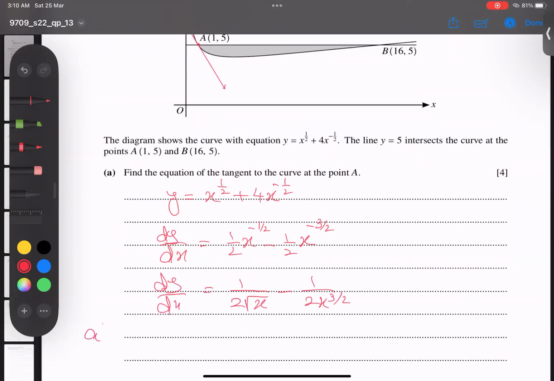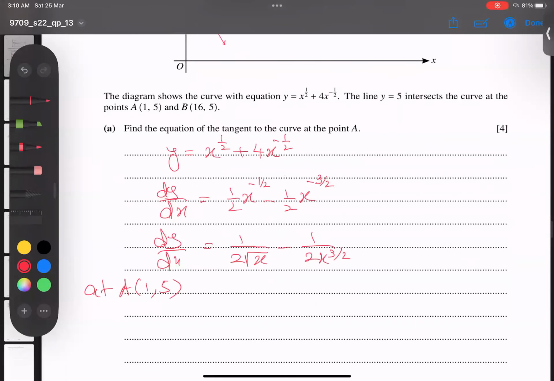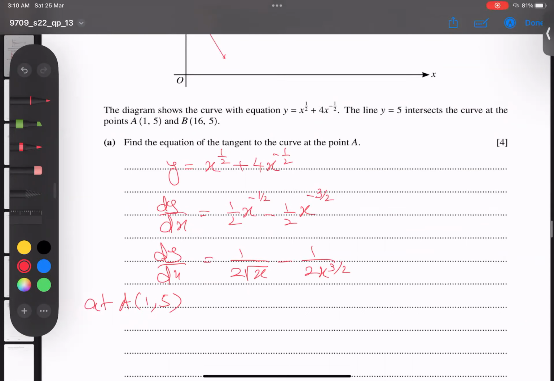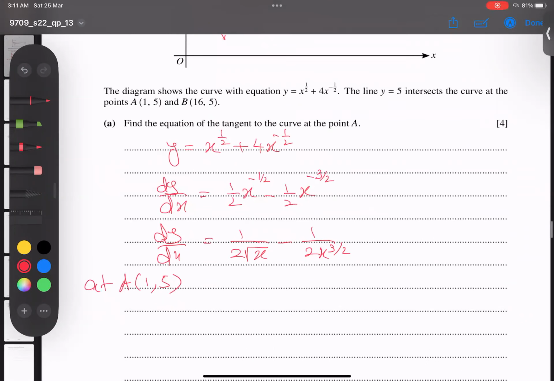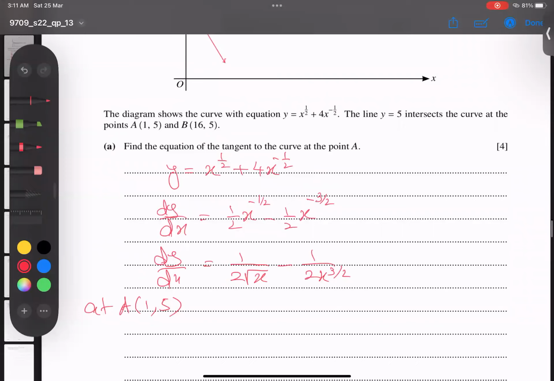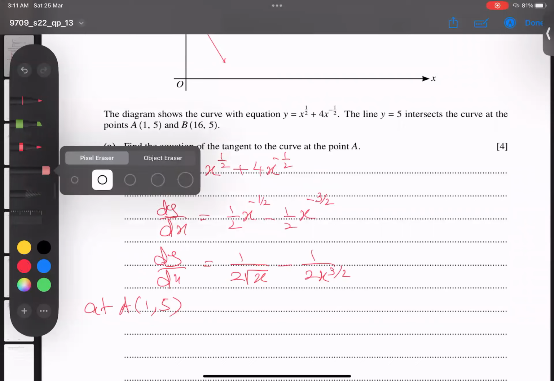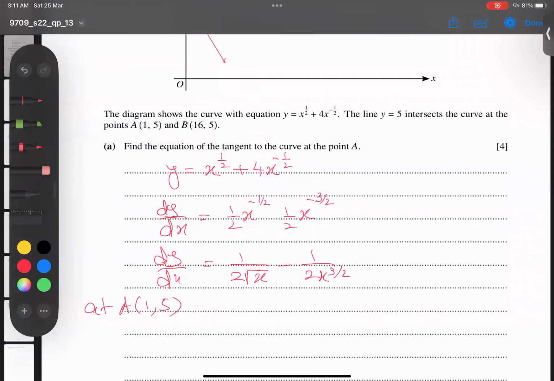I'm saying that at A, the x value is 1 and y is 5, so I will plug in the x value. Sorry, I missed one thing here: this is 4 multiplying there, so negative 4 times that.